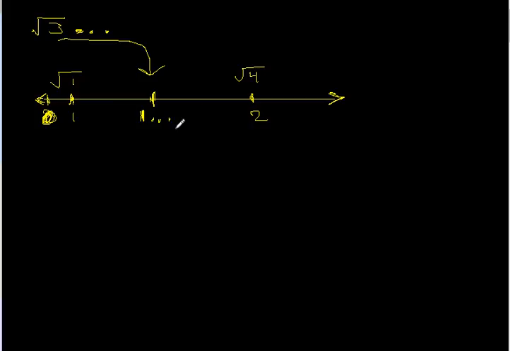I don't know what it is because I don't have that calculator, but I do know that since the square root of 3 is a number that's not a perfect square, you will consider it an irrational number. Furthermore, since irrational numbers are a part of the real number system, it is also a real number.